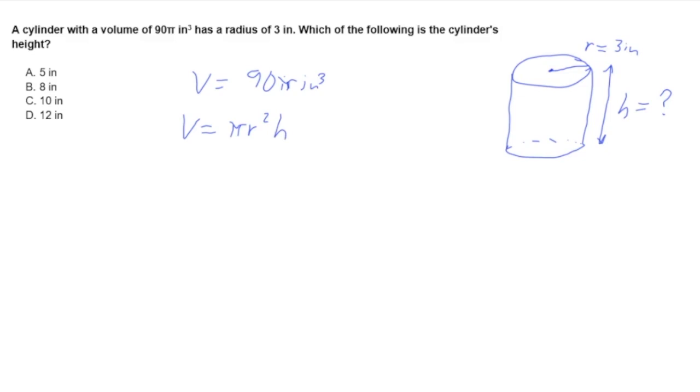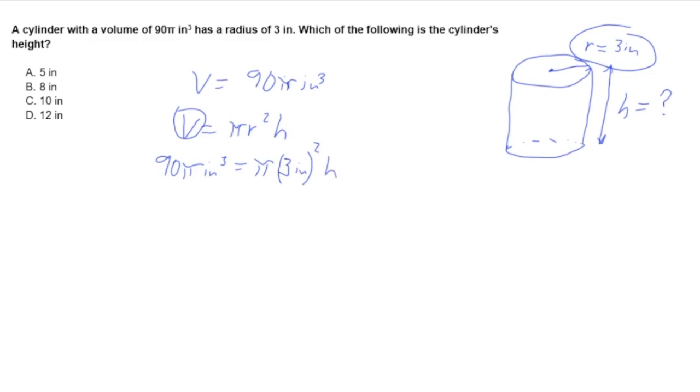All right, now let's plug in what values we have. We've got the volume, so we know that's 90 pi inches cubed is equal to pi, and we've got the radius over here. We know that's 3 inches, so times 3 inches squared times the height.